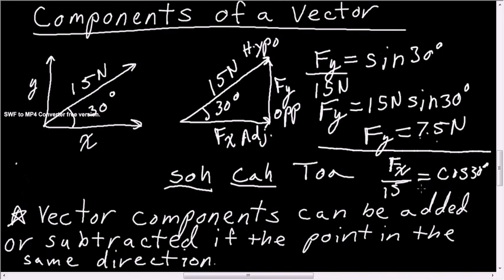Okay, so Fx is equal to 15 cosine 30, which ends up being about 13 newtons.